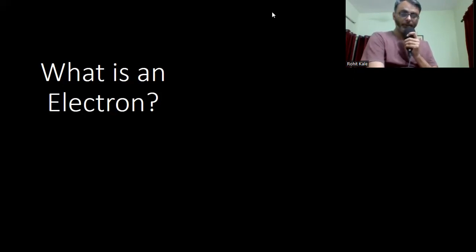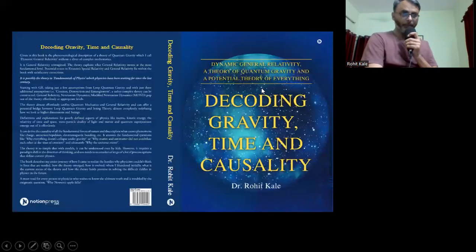For those who are new, I am Rohit, and I am the author of this book, Decoding Gravity, Time, and Causality, in which I have described what is called dynamic general relativity, which is a new theory of quantum gravity and a theory of everything.